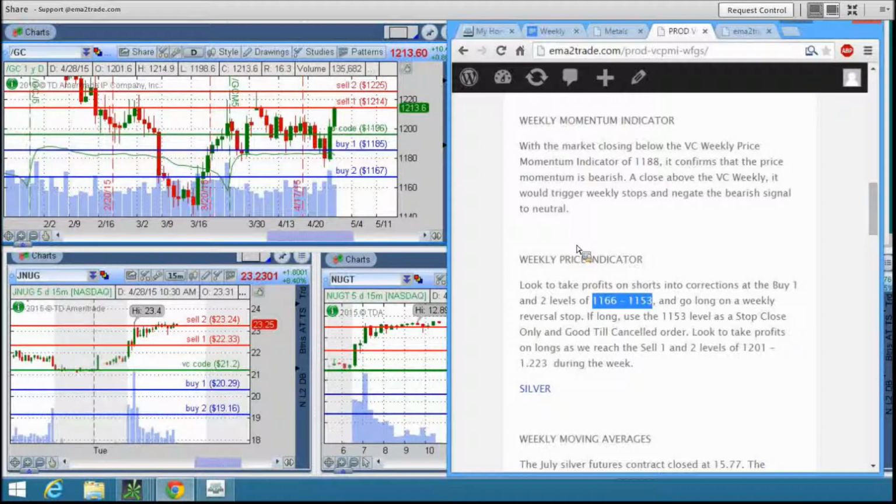So there was strength coming into yesterday, made a low of 1177.6 and found support as the market went up through the 1185, 1188 level. It triggered the buy signal that we published.